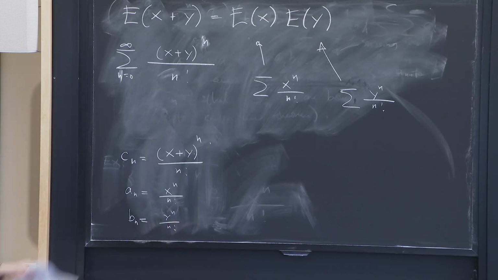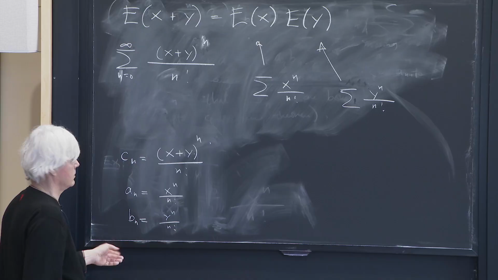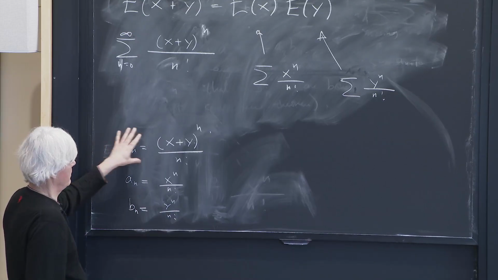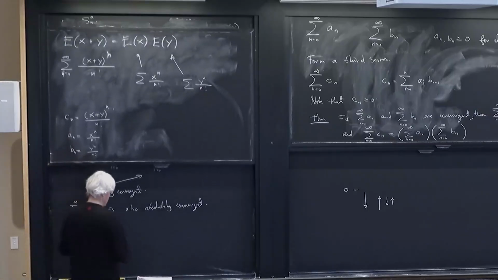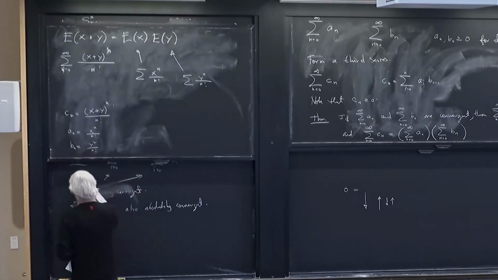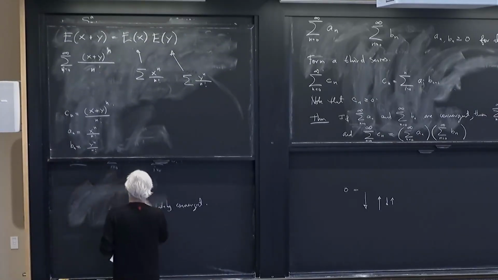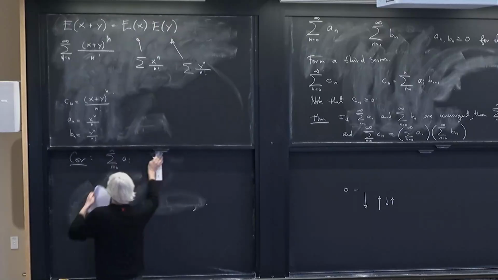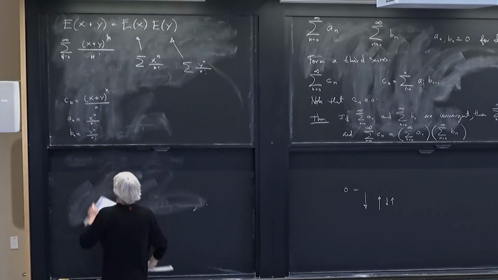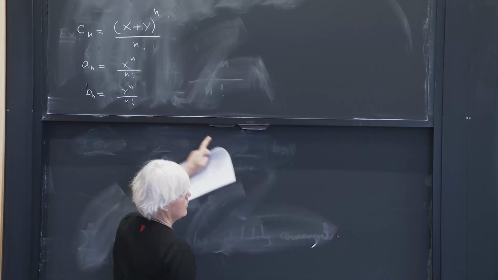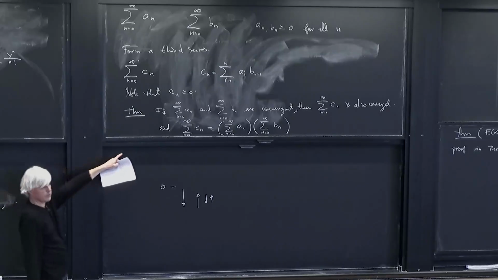Suppose I define them like this. I already know that this here is convergent and that here is convergent. By the way, of course, I also know that this here is convergent, but I haven't proved that. But I claim now that this Cn is really formed in this way.